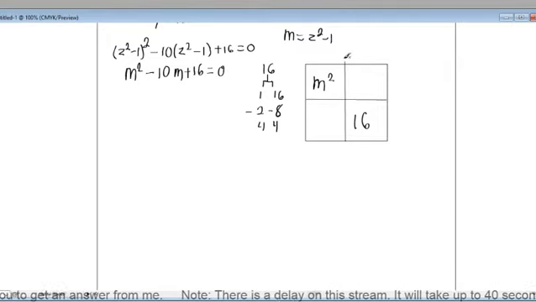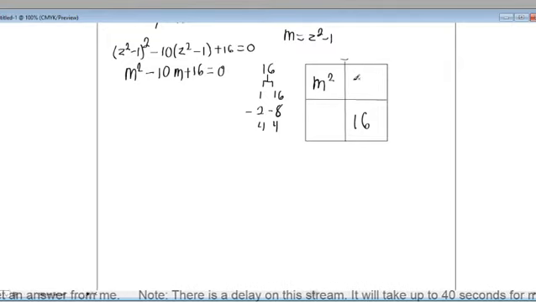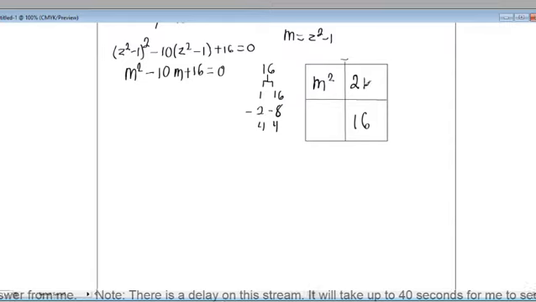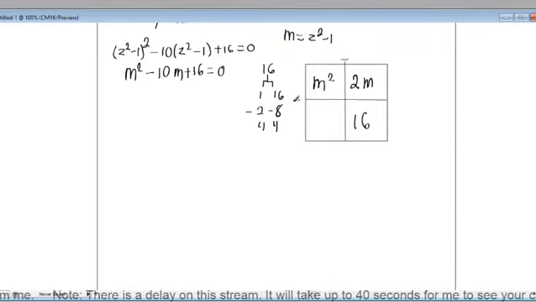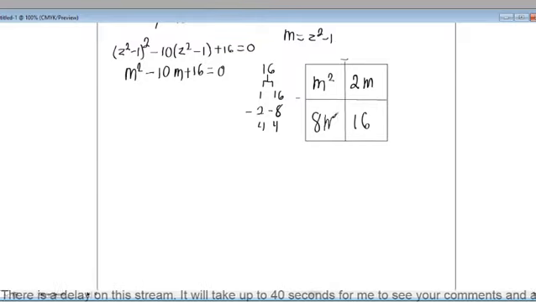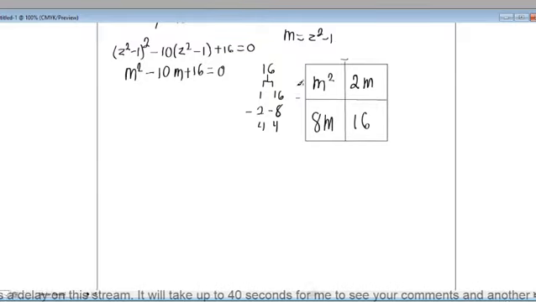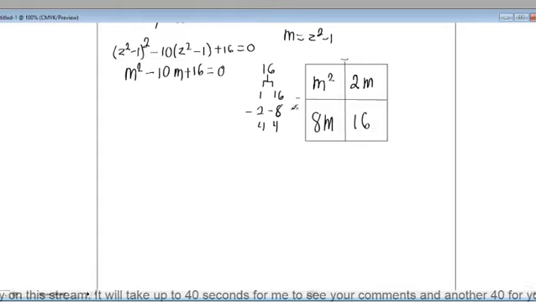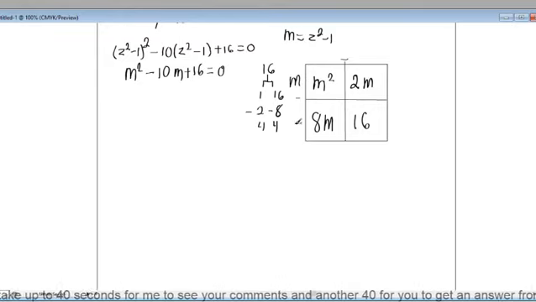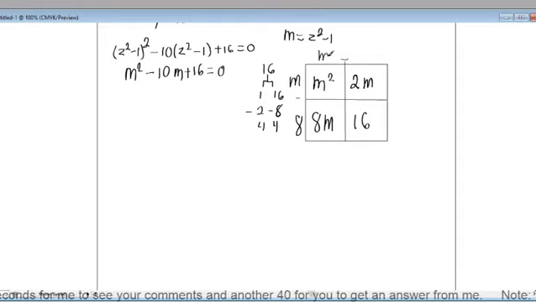I'm going to go ahead and put negative 2m here and negative 8m here. Now I just need to find the common factors for my rows and columns. So here I can take out an m. Here I can take out 8. Here I can take out m. And here I can take out 2.